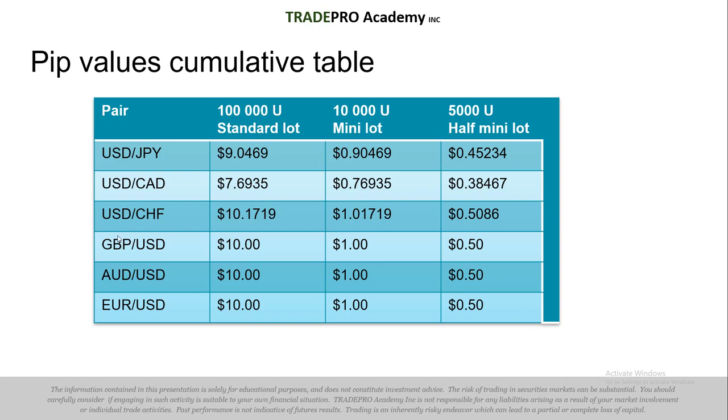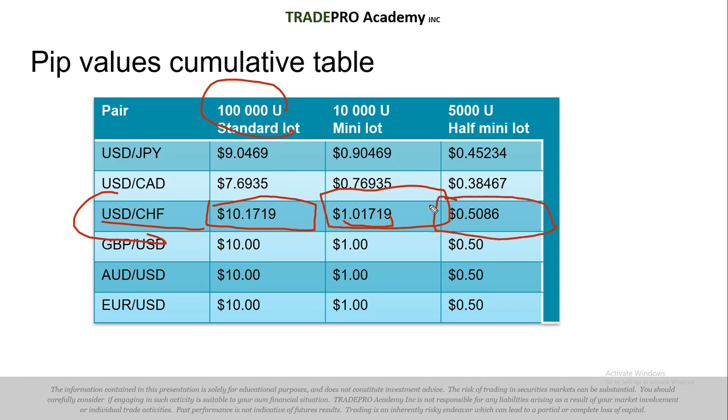So let's say you are trading the USD Swiss franc right here, and you are long 100,000 units, one standard lot. So one pip movement would result in just over a $10 change in your account. If you had a mini lot, it would result in just over a dollar change, and then half of that for half of a mini lot, and so on, guys.